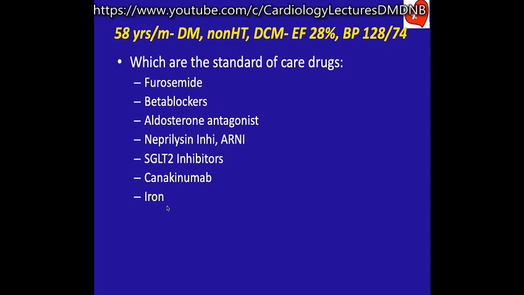So the definition of iron deficiency for a heart failure patient is different from normal people. Okay? So if you have inflammation as shown by high sensitivity CRP, canakinumab, and iron if there is evidence of iron deficiency, these are all trial-proven drugs in heart failure.